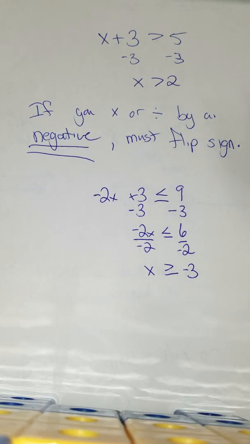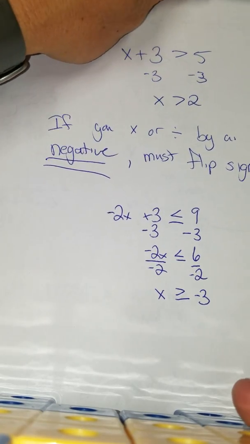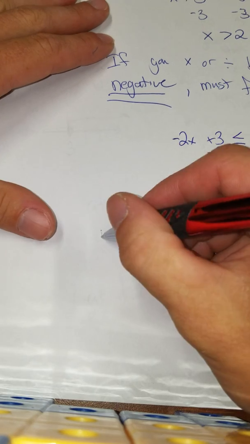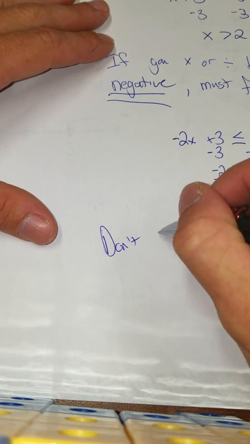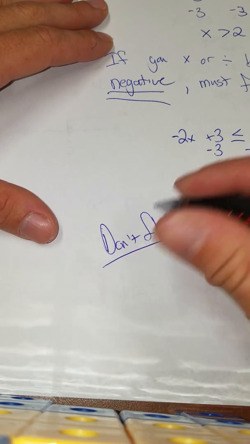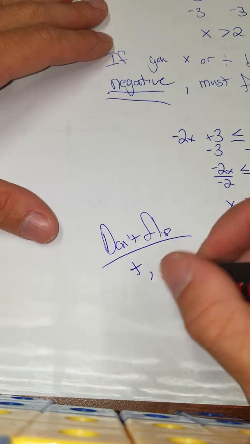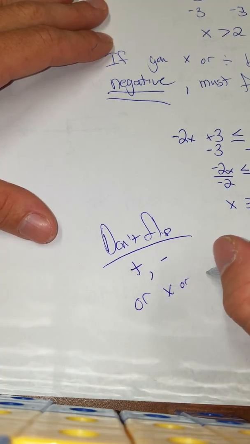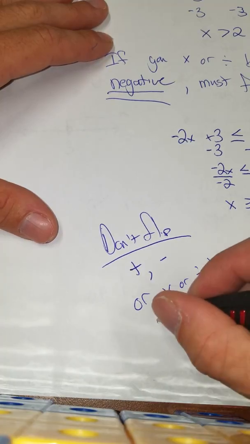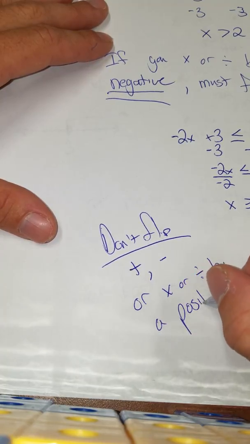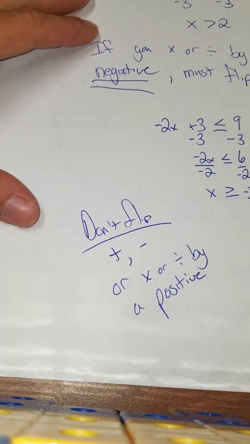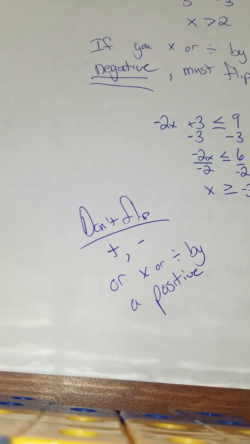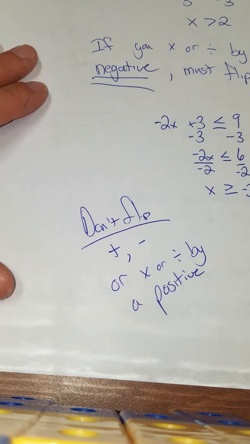If you multiply or divide by a positive, you do not flip the sign. Okay, so we don't flip the sign if we are adding, subtracting, or multiply or divide by a positive. Very, very, very important there. Multiply or divide by a positive, you do not flip the sign.